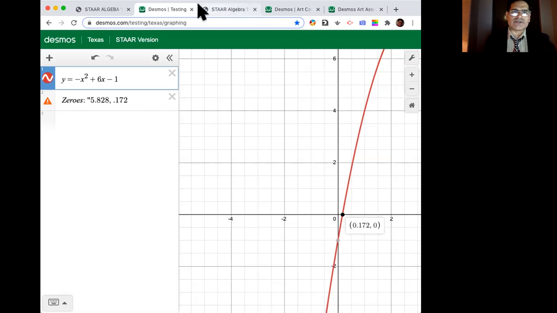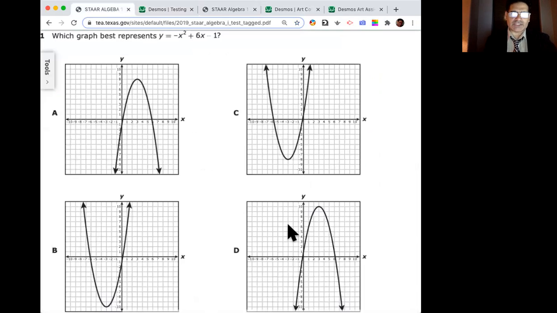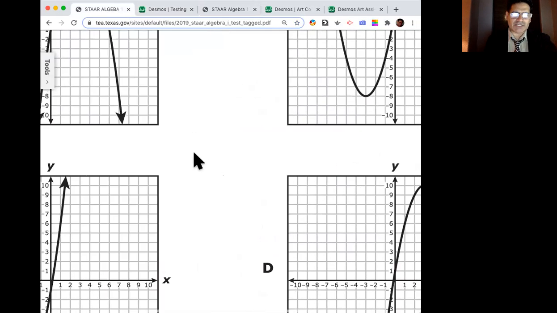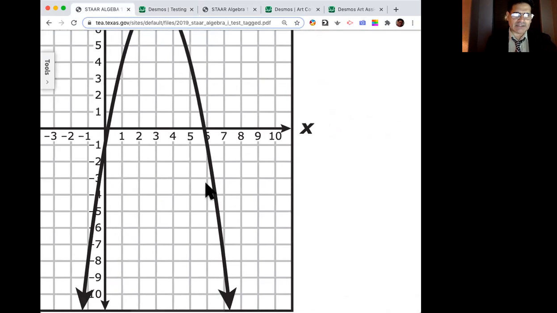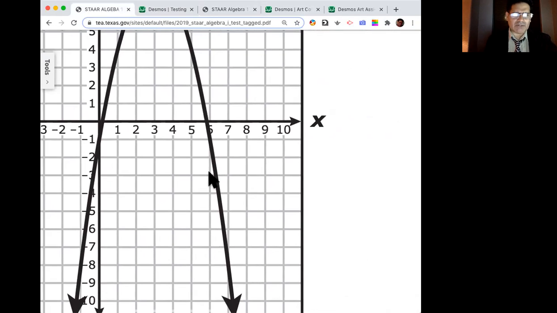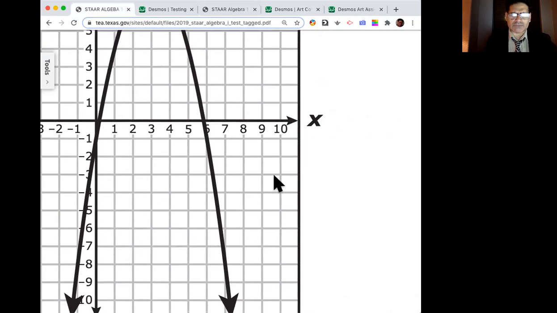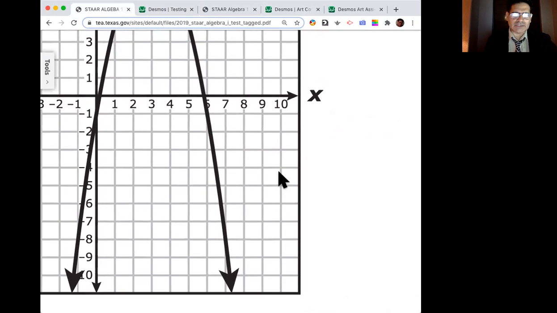So if I look here at my choices, it's between these two because of the concavity, but they're very close. And on the day of the test, if you happen to still be taking a paper test, you might want to have a magnifying glass. I'm not sure it's a prohibited item, but you can ask.